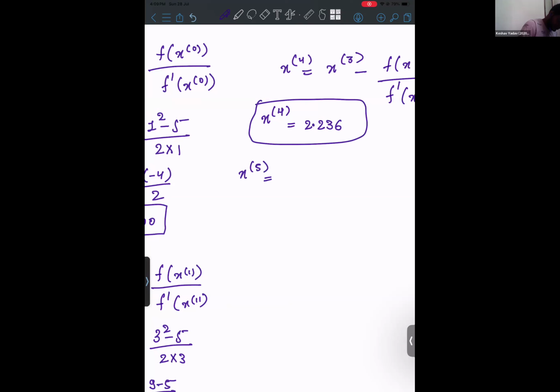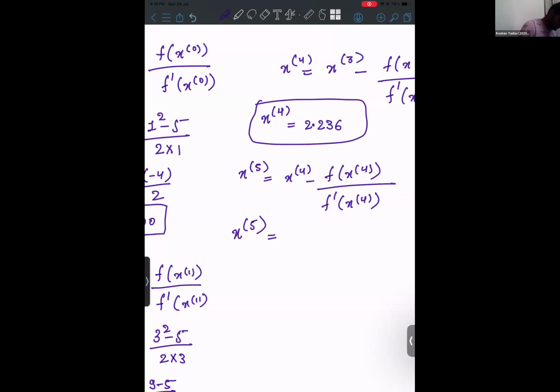So x at the fifth iteration will be what? x at the fourth iteration minus f of x at the fourth iteration divided by f prime of x at the fourth iteration, by using the Newton-Raphson method. So 2.236 square minus 5 divided by 2 multiplied by 2.236.